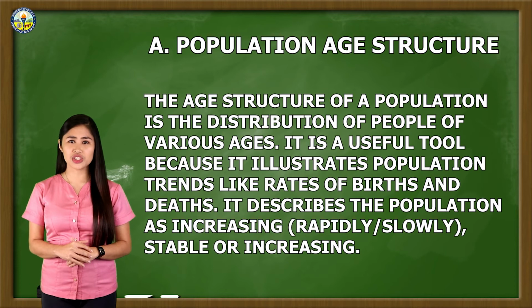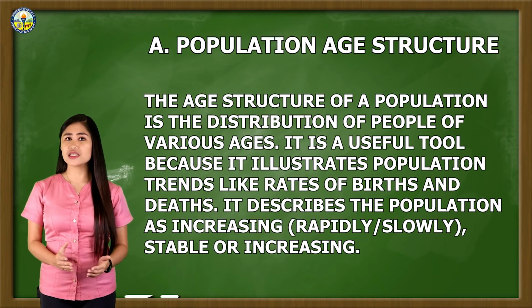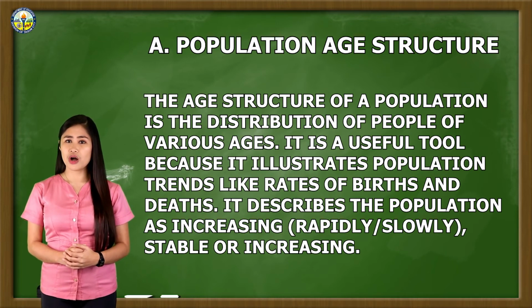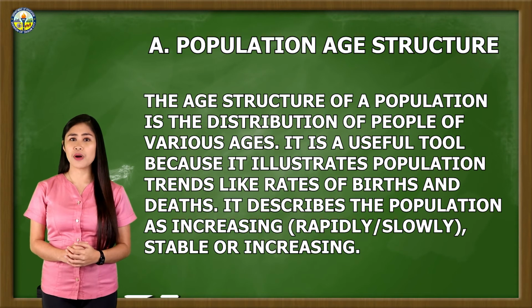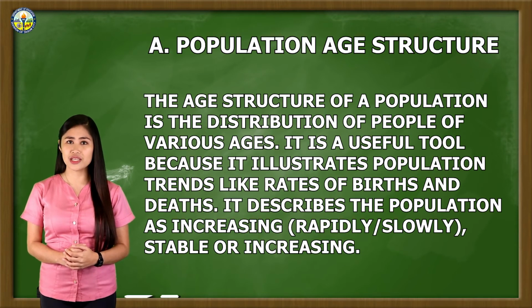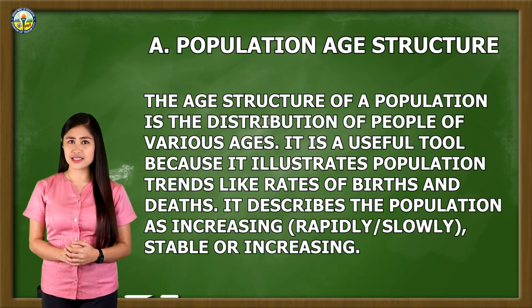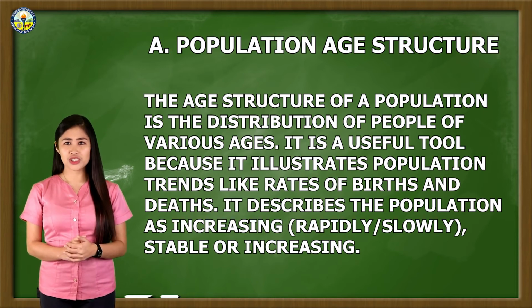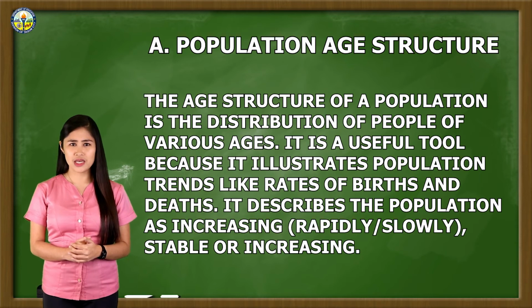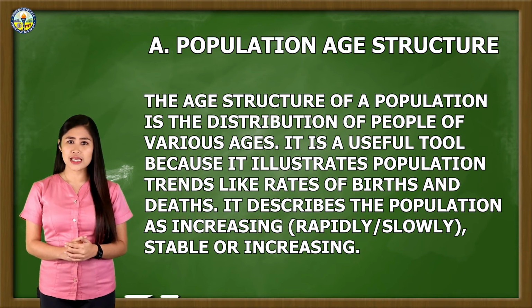The age structure of a population is the distribution of people of various ages. It is a useful tool because it illustrates population trends like rates of birth and deaths. It describes the population as increasing rapidly or slowly, stable or increasing.